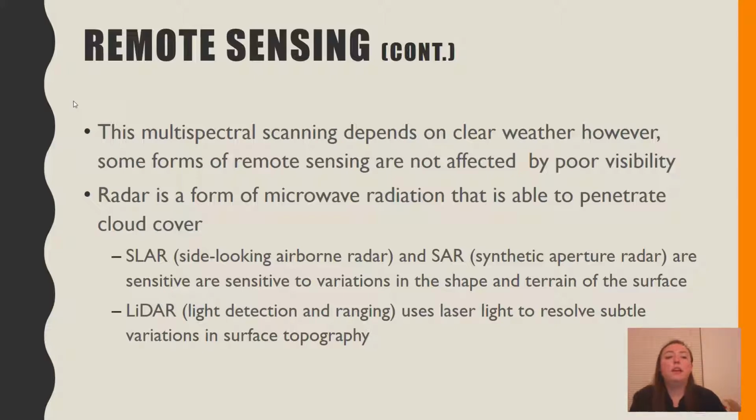So this is where LiDAR comes in. LiDAR is light detection and ranging, and this uses laser lights to resolve subtle variations in surface topography. So this can be used to take away vegetation so we can get a better look at the surface to determine where these deposits may be.